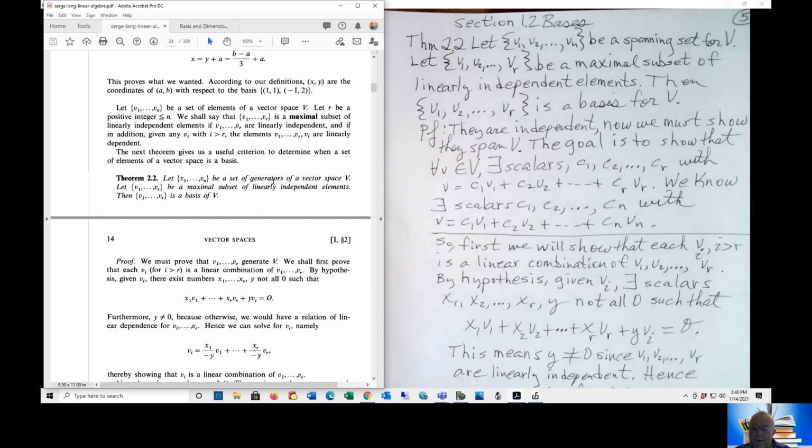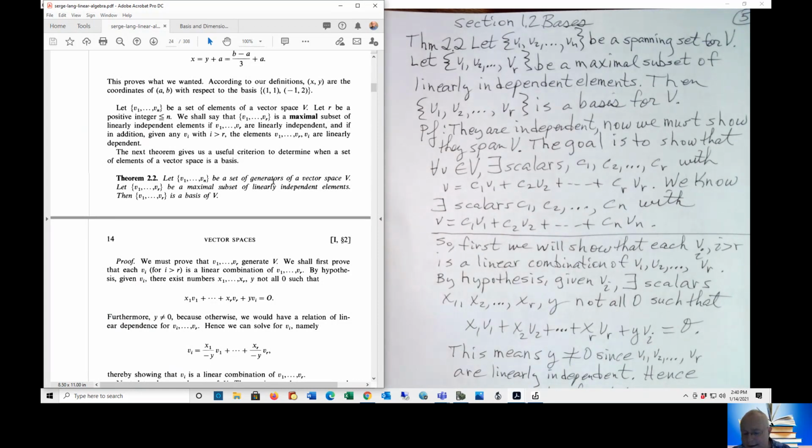So our first step will be to show that for each of these vi's, where i is greater than r and less than or equal to n, it can be written as a linear combination of its predecessors, v1, v2 through v sub r.